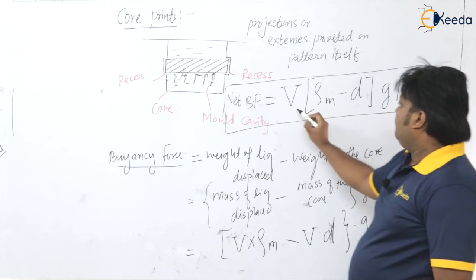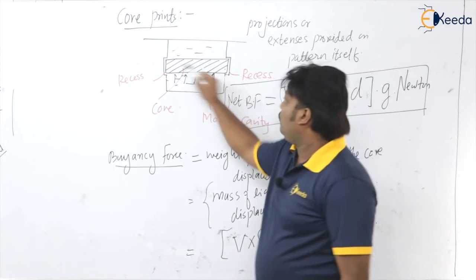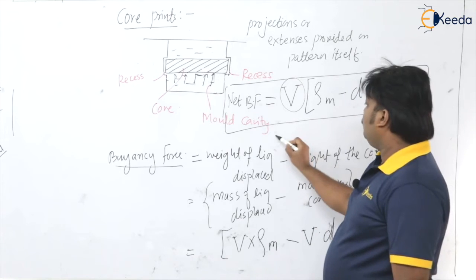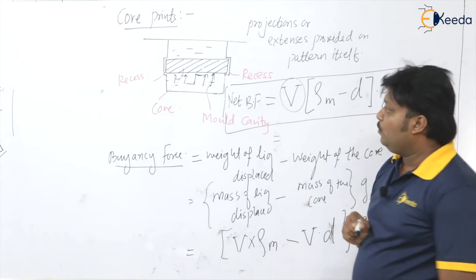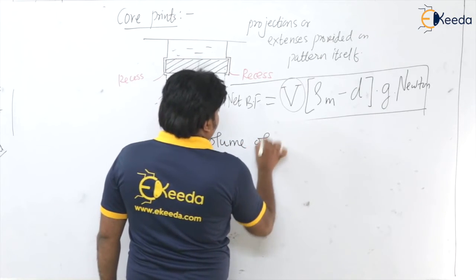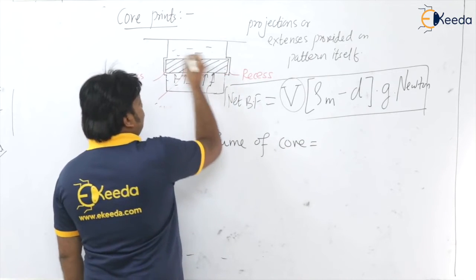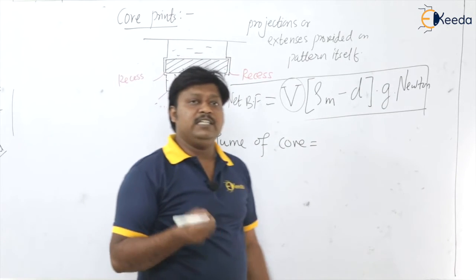Understood? V is the volume of how much liquid is going to be displaced, that is the volume of the core. Yes or no? So how to calculate the volume of the core? Basically, what is the shape of the core? It is a cylindrical one.